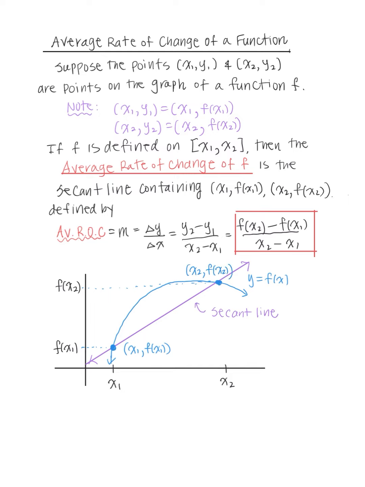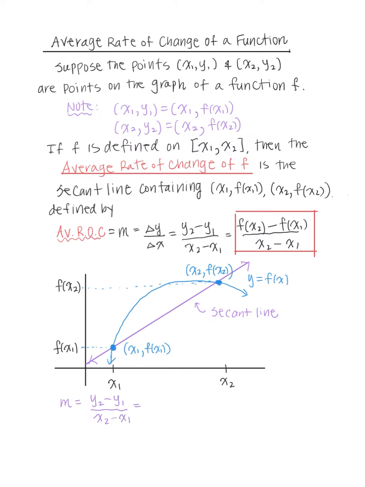Now, do you remember how to compute the slope given 2 points? Remember the slope formula was, let me just write it out, slope was y2 minus y1 all over x2 minus x1, right?